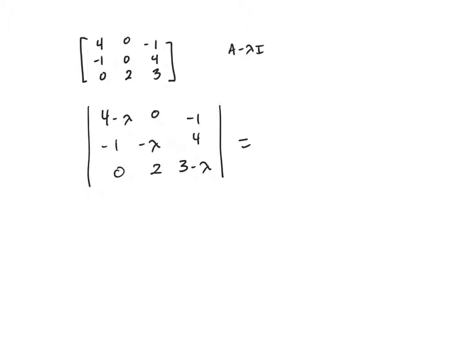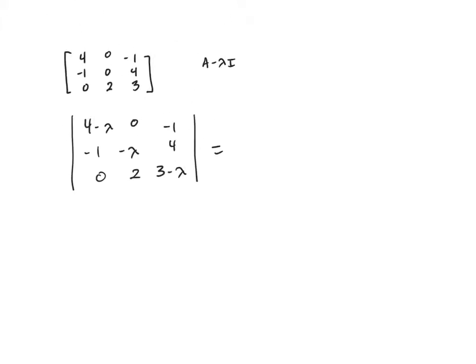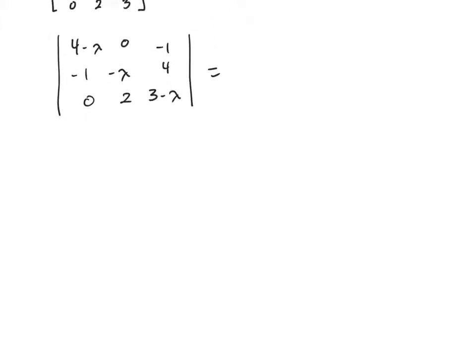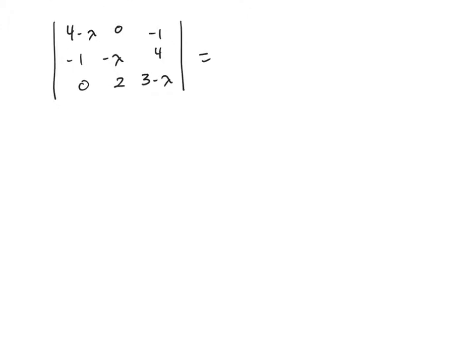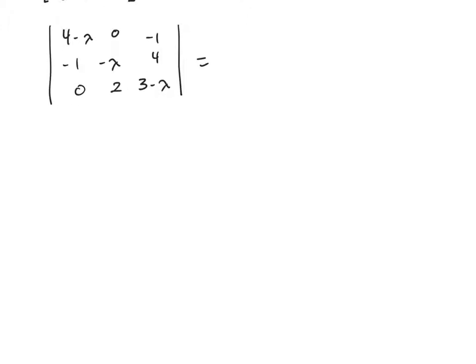When you do these, the biggest thing is, how can I do this in the simplest way possible? So I am just going to take a look at this and decide what will make my life the easiest in terms of finding the determinant. And so I'm just going to go across the top row just because there's no double zeros anywhere.